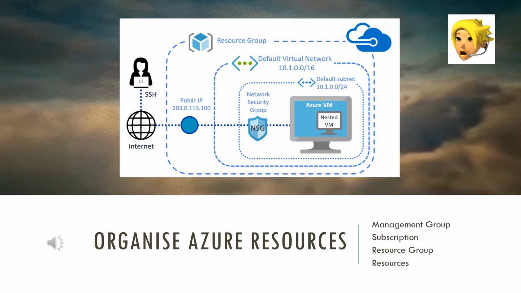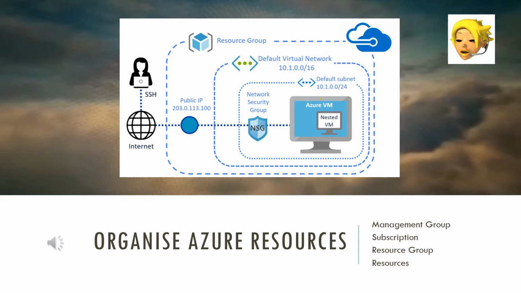Organizations can use subscriptions to manage cost and the resources created by users, teams, or projects. Resource groups are logical containers where you can deploy and manage Azure resources like web apps, databases, and storage accounts. And the last level, resources, are instances of services that you can create like virtual machines, storage, or SQL databases.